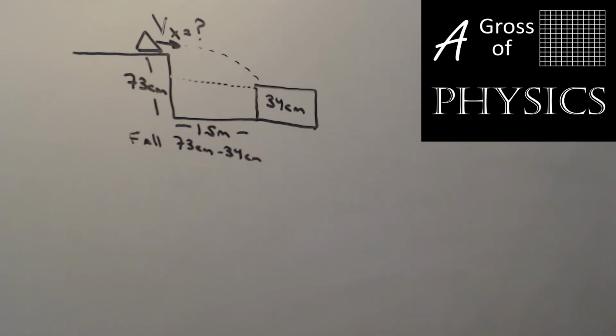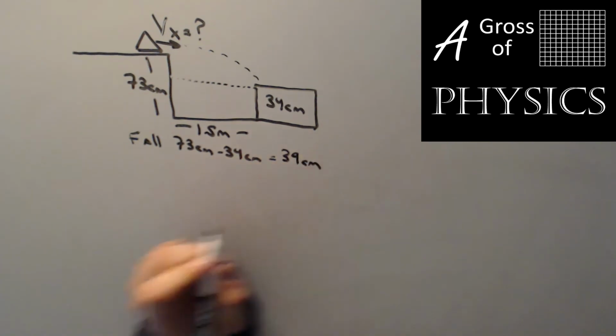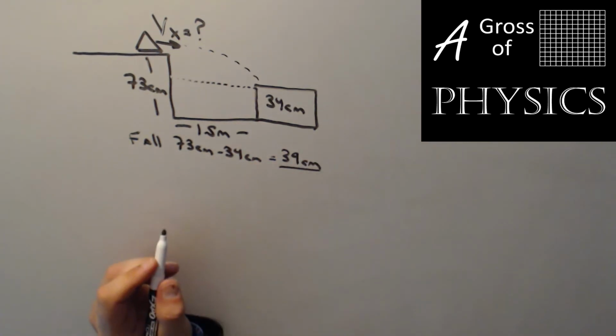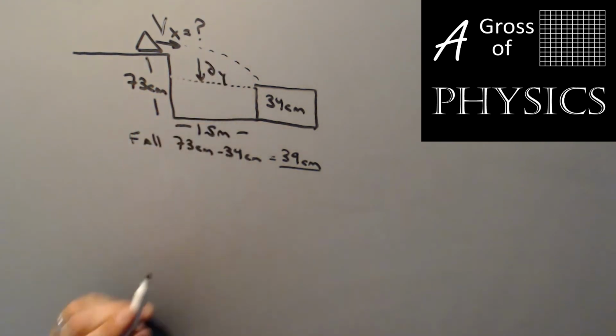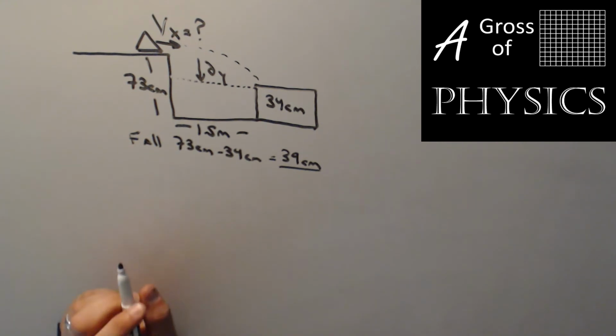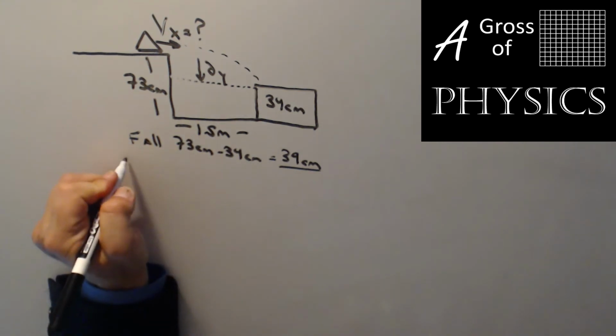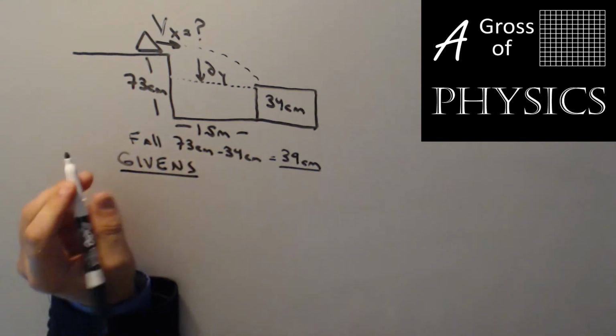I'm going to verify that 73 minus 34 is 39. That's what I thought, but I wanted to make sure. So 39 centimeters. That's your y distance that it's going to fall. Once it's in the bin, it'll fall the rest of the way, but we're concerned with getting it into the bin.